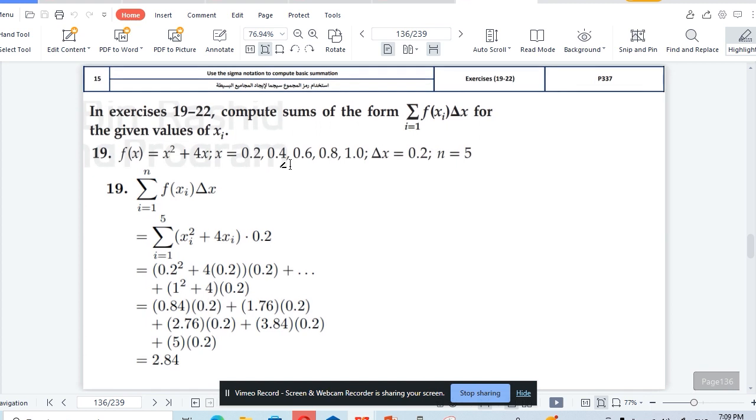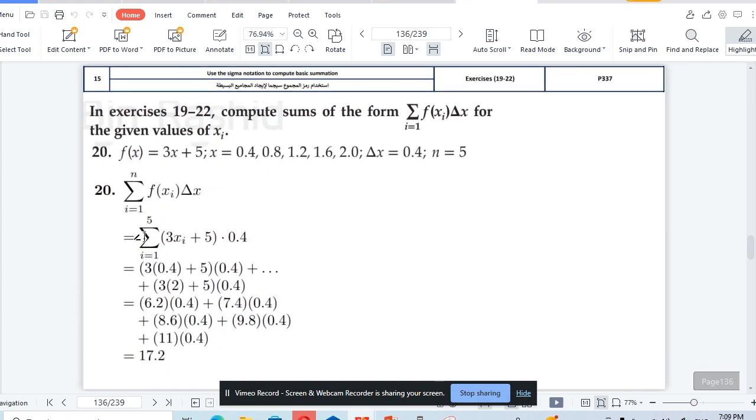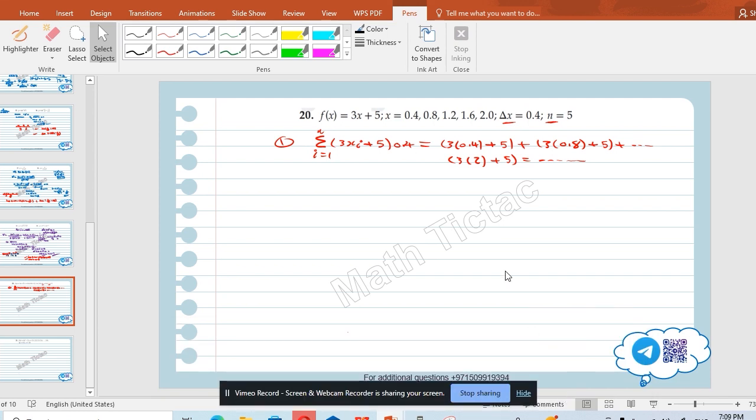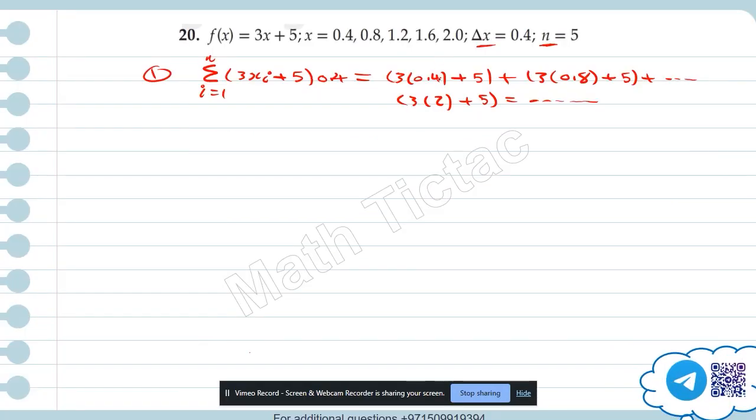This is what we have done here, and the result is 17.2. Don't forget that all of them will be multiplied by 0.4. Or you can multiply each one of them by 0.4 every time, as you like.